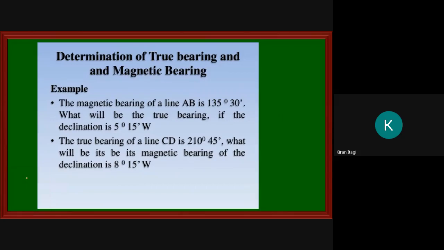Now, I will not solve the problem. You should solve the problem and tell me the answer. The magnetic bearing of a line AB is 135 degree 30 minutes. What will be the true bearing if the declination is 5 degree 15 minutes? Be fast.